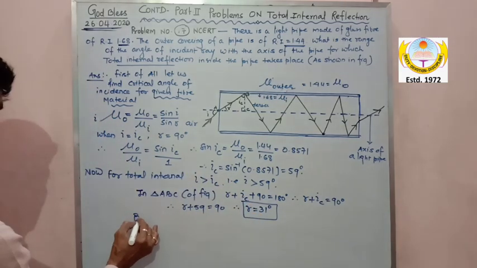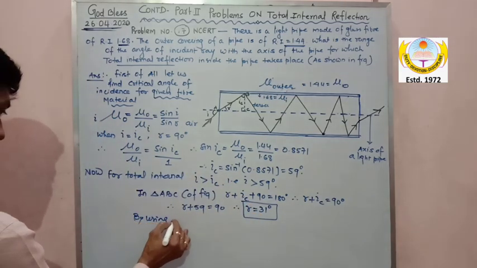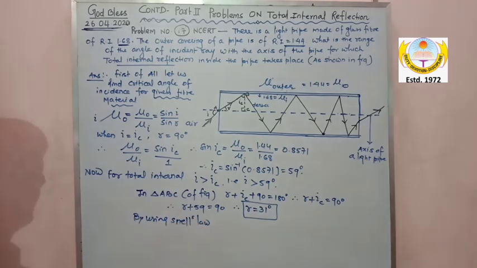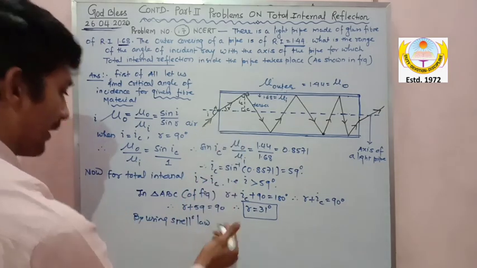So by using Snell's law, my dear, light is going from air to denser.